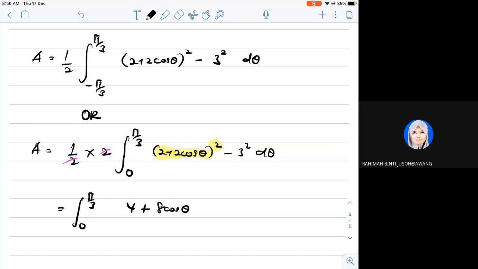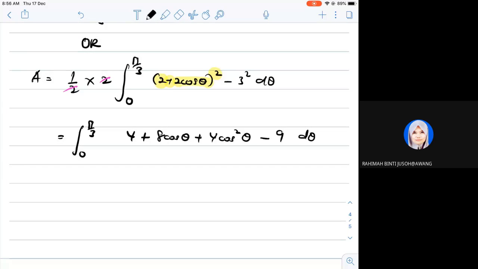And then after that, plus (2 cos theta) squared, so we have 4 cos squared theta. All right, so done already for the first term. And then minus 3 squared, which is 9, d theta. Okay, so now we can solve this. 4 minus 9, so we have negative 5. So from 0 until pi over 3, we have negative 5 plus 8 cos theta plus 4 cos squared theta.